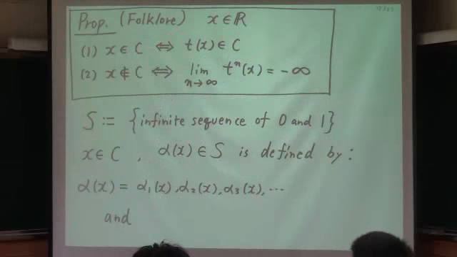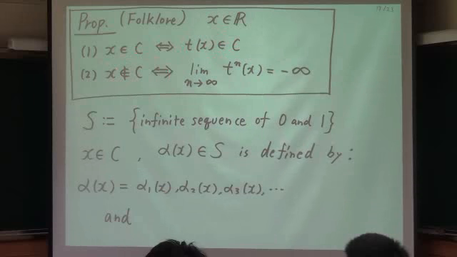Then we can see easily, this is well known in discrete dynamical systems, that if x is in the Cantor middle subset, Tx is still in the Cantor middle set, and vice versa.